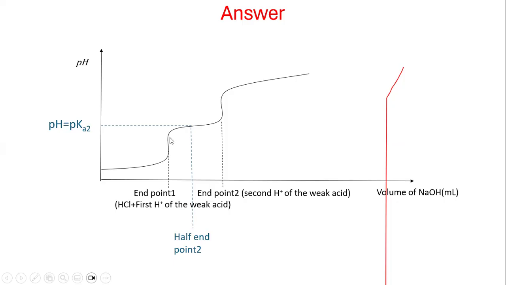Okay, so that is the endpoint 1. Then the second dissociation is taking place. Then gradual increase. Then once that is over, second endpoint, then with the sodium hydroxide addition. Okay, and there's another point.